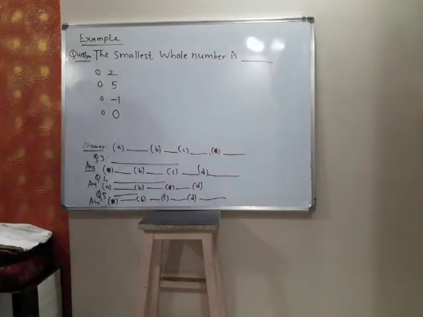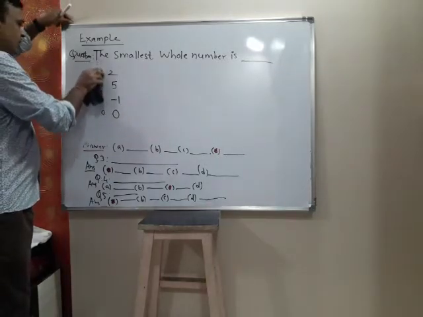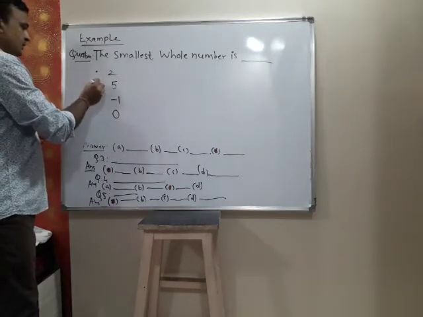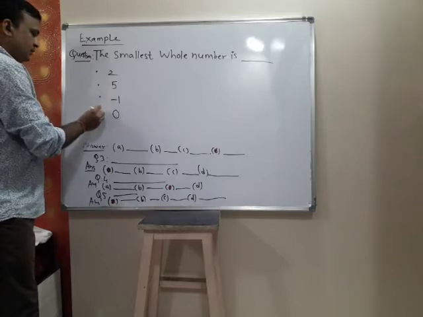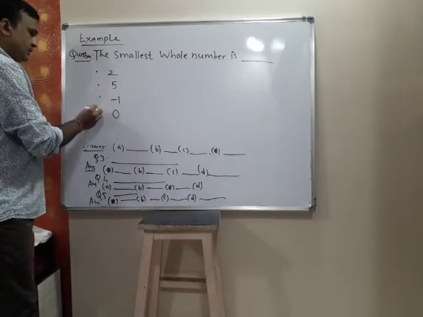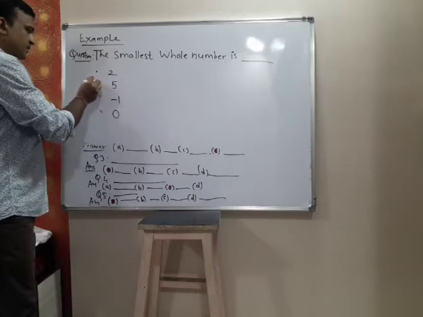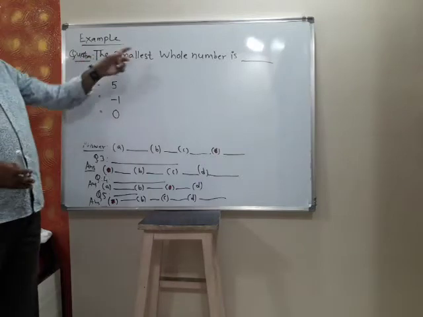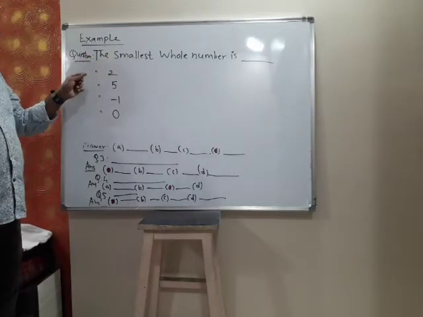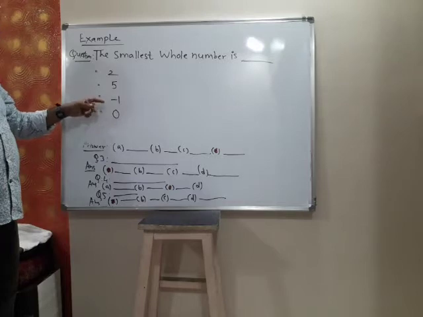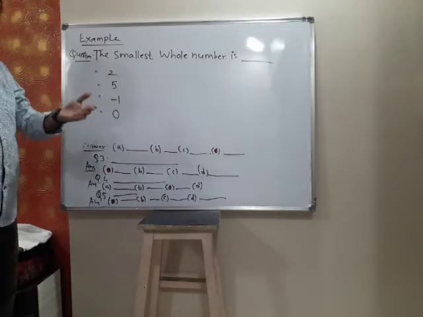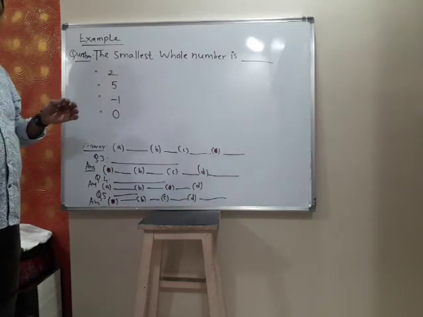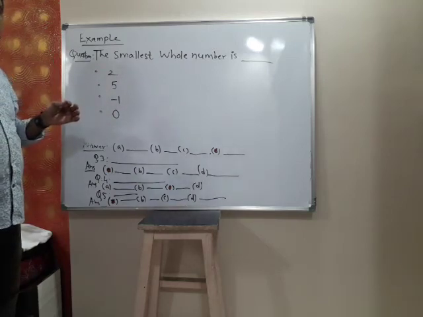So out of these 4 options, 2, 5, -1, 0, this is the first option, this is the second, this is the third, and this is the fourth. These are the 4 answers given. Now which one is the correct answer, that you have to click. Out of these 4 options, only one will be the correct answer.